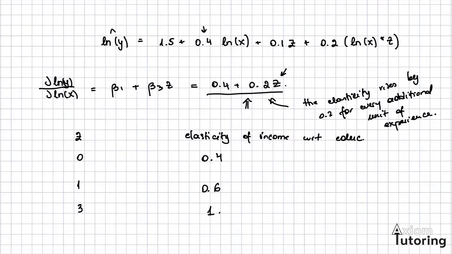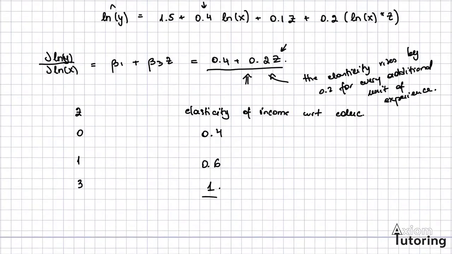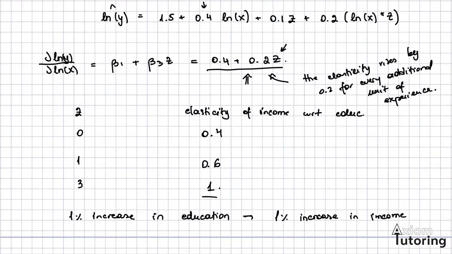An elasticity of 1 that we found here when z is equal to 3 means basically that education and income move proportionally, and a 1% increase in education is associated with a 1% increase in income for someone that has 3 years of experience.